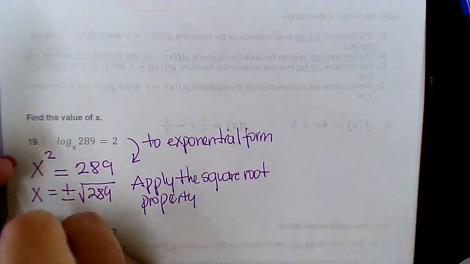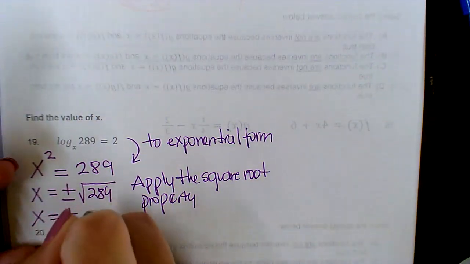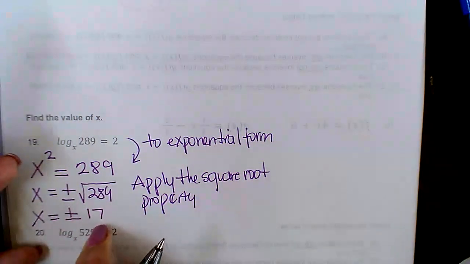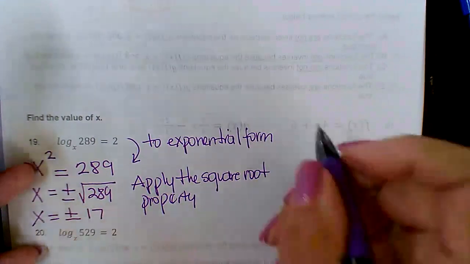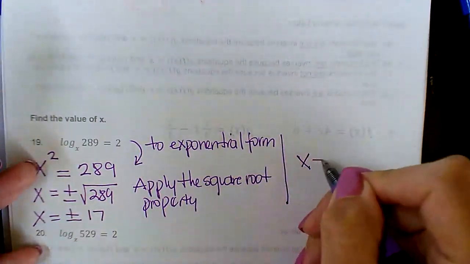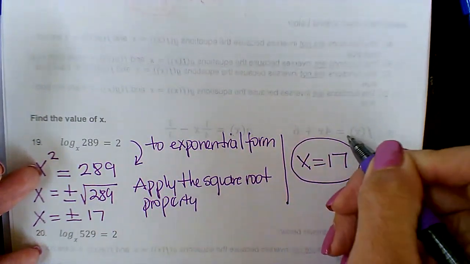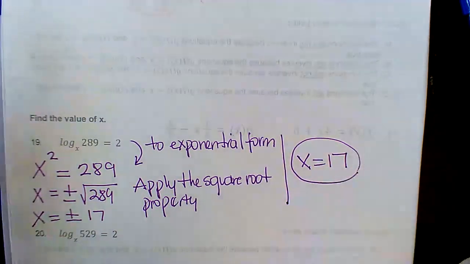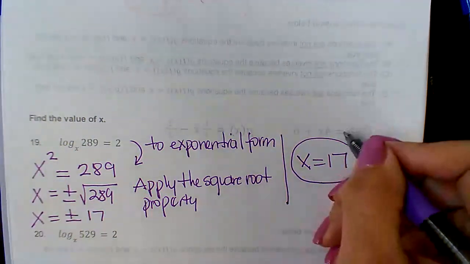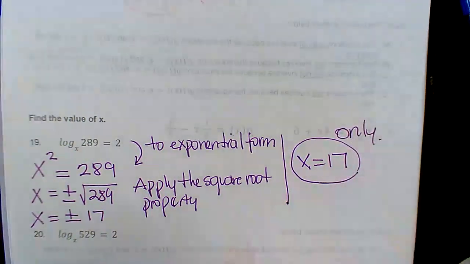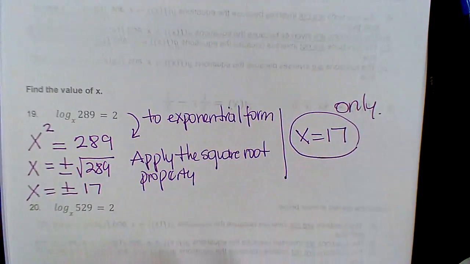So it's going to be plus or minus 17, but we're only going to be using x equals 17. Okay? So it's only going to be the positive one. There's no negative logarithm, so that's why. So that's 19. It's going to be 21.